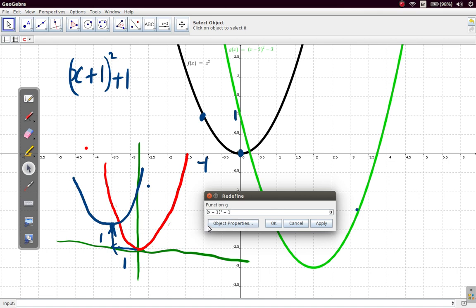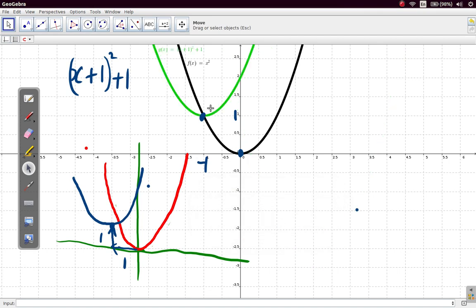Right down at the bottom of the valley, the minimum point of the graph, should come here. Let's see if that's really going to happen. Good. It worked.